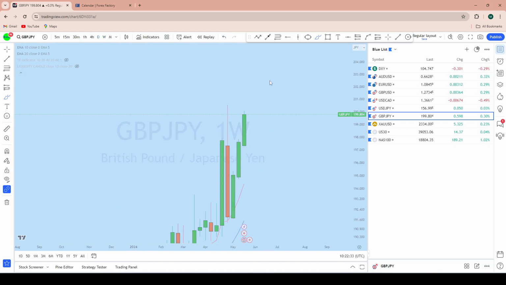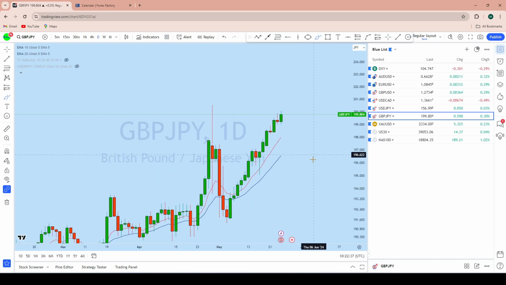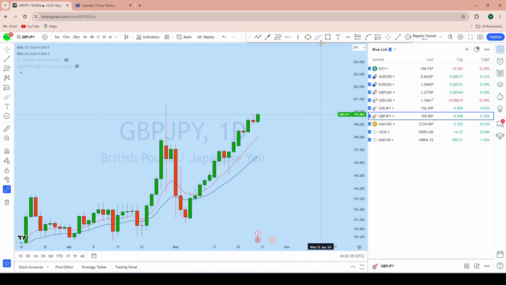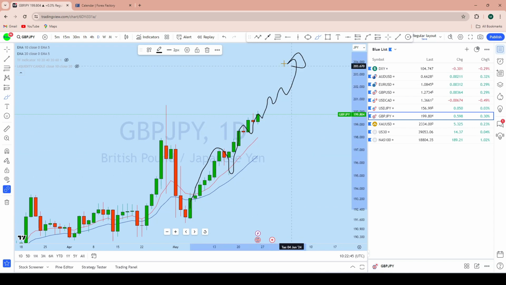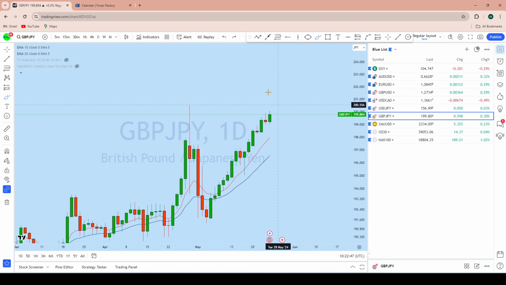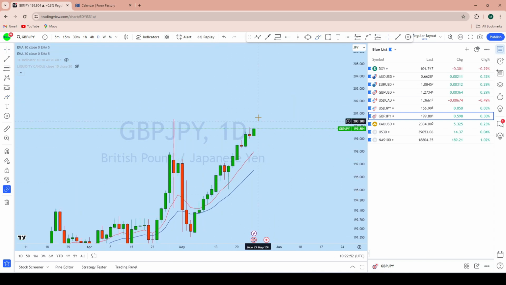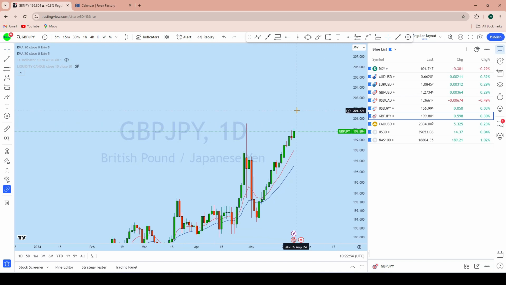Now looking at the daily chart on GJ, this is the daily bullish candlestick pattern, an impulse correction. The market is forming a series of higher highs and higher lows on GBP/JPY, and we expect the price to move back up to create a new higher high.